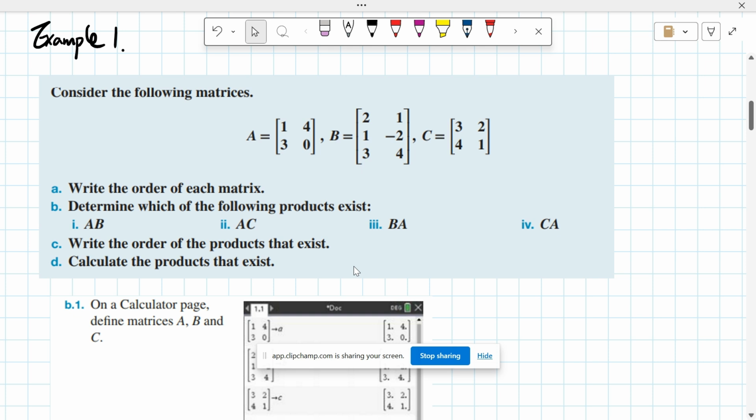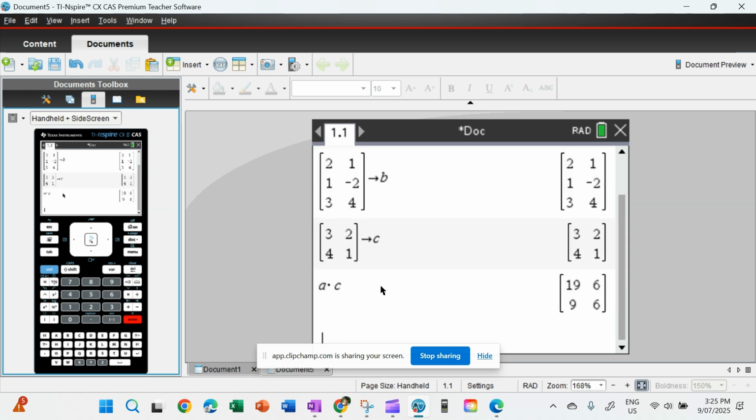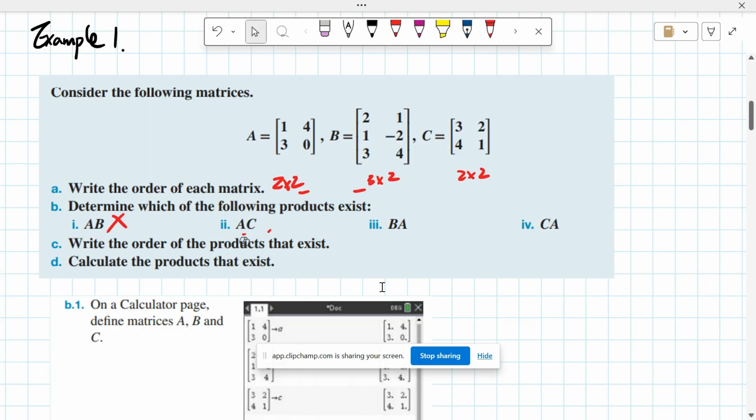So let's write down the order for each: 2 by 2, 3 by 2, 2 by 2. A times B cannot happen because the inner orders are not equal. But we can do A times C, and the answer will be a 2 by 2 matrix.